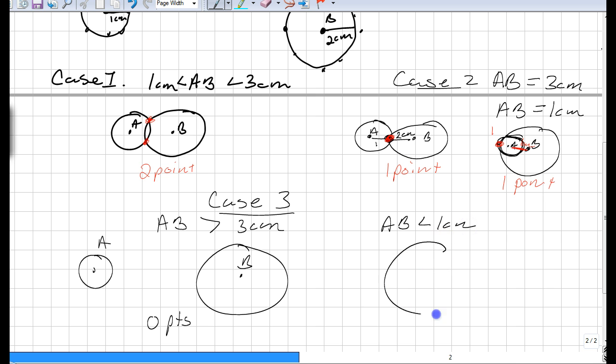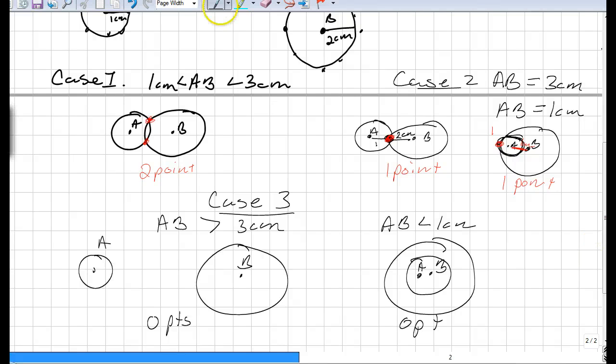In other words, here's B, and A would be inside here someplace, but they have no points in common. So this would be, again, 0 points. So when you look at these, especially in a plane, you've got to think about what are all the different situations that could happen.